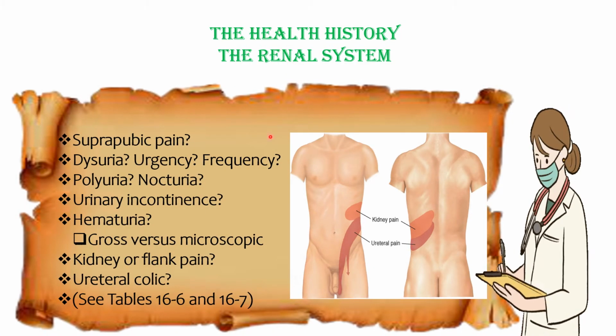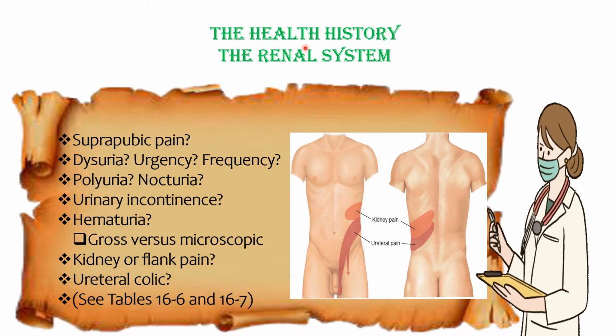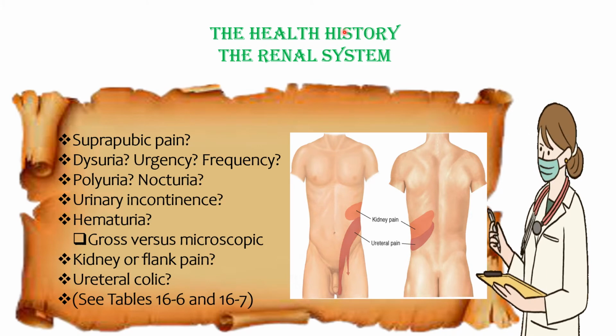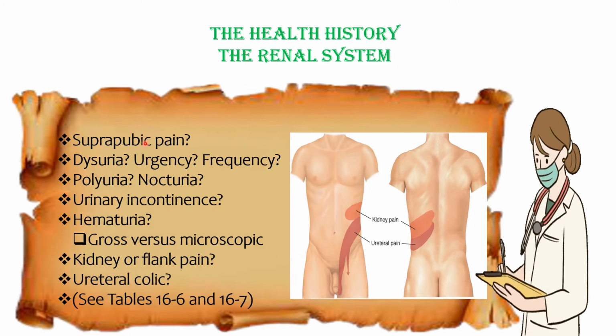Moving forward now, you have to check for the health history of the renal system. Is there suprapubic pain? Disorders in the urinary tract may cause pain in either the abdomen or the back. Bladder disorders may cause suprapubic pain.